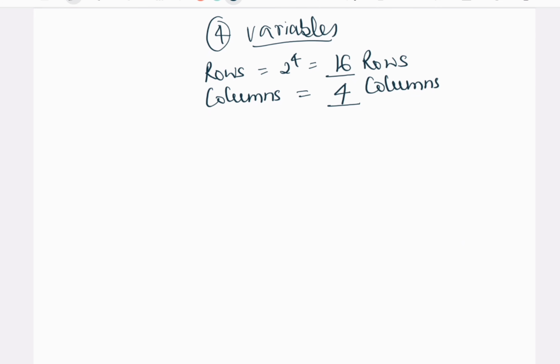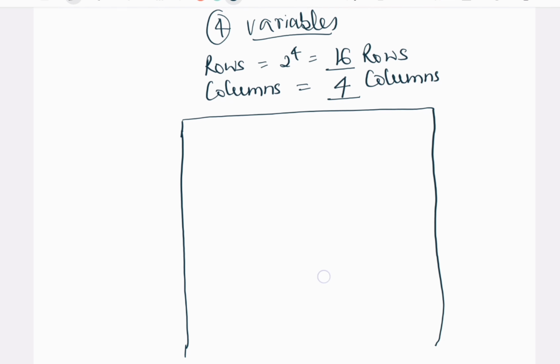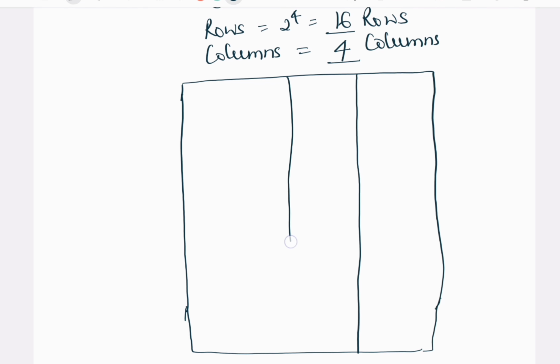Let's make the structure. It's going to be taking a little extra space. Okay, so let's make the 4 columns: 1, 2, 3 and 4.